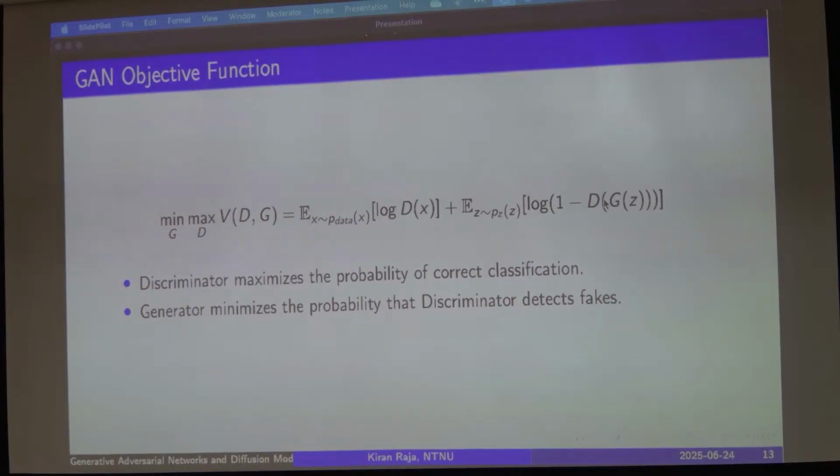And the only goal of the discriminator is to maximize the probability of correct classification, while the generator has the function of minimizing the probability that the discriminator detects it as fake. Every time the discriminator says, okay, I discovered that this image is not looking very realistic, I go back to the generator, change some parameters, update the parameters, and then generate a new image, right? So it's like a continuous game.